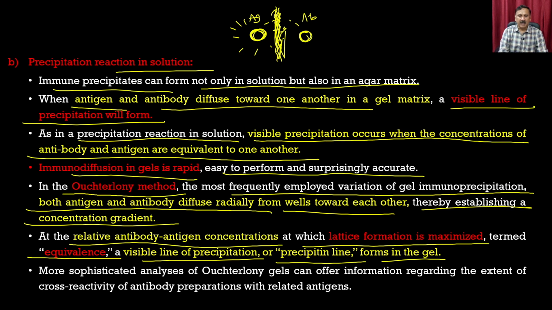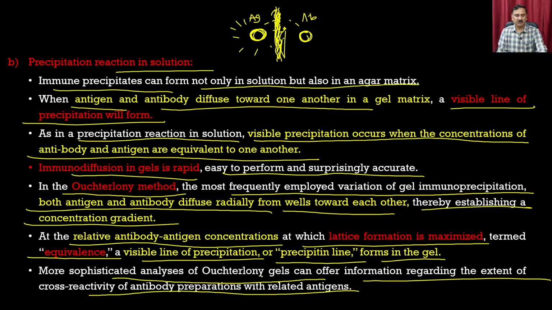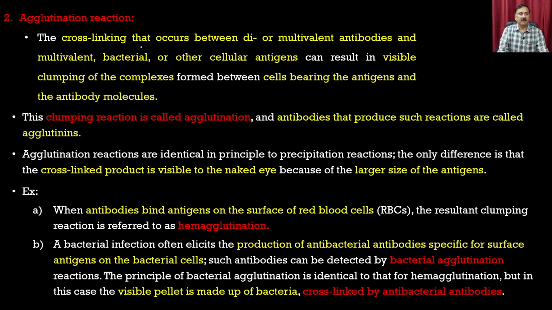This happens because at this point the antibody and antigen react in equivalent amounts, and as a result they get precipitated and come out of the solution and give you a white precipitate. More sophisticated analysis can give information regarding the extent of cross-reactivity of the antibody preparation with related antigens. Then we also have the agglutination reactions, right?